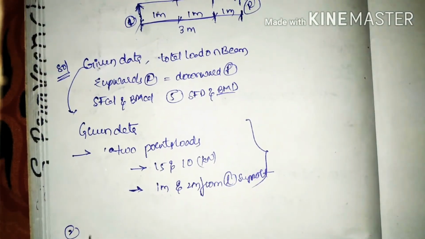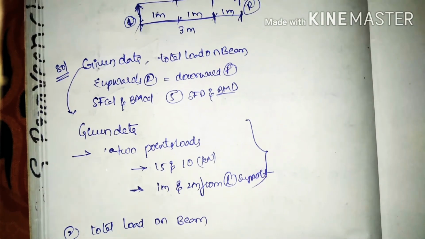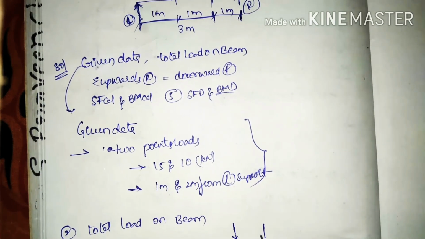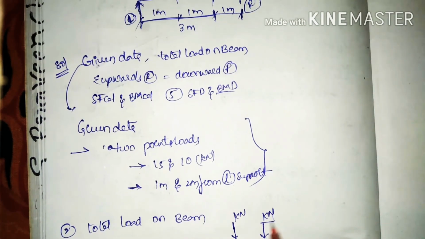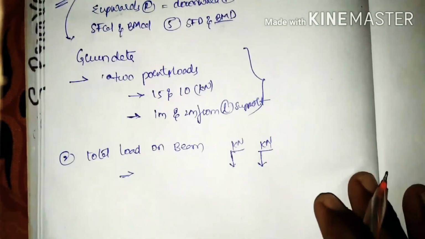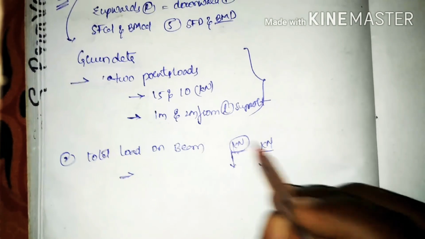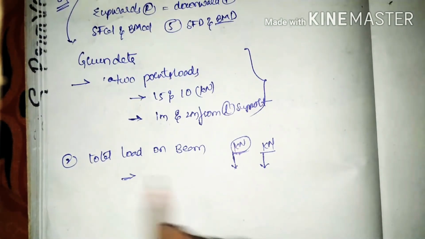Next, number 2, total load on beam. Here we are having only 2 loads, that is also in kilonewtons, so we don't have any work to convert the units of kilonewton into some other, because the loads are in kilonewtons.